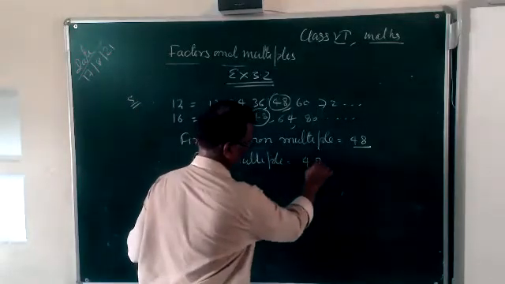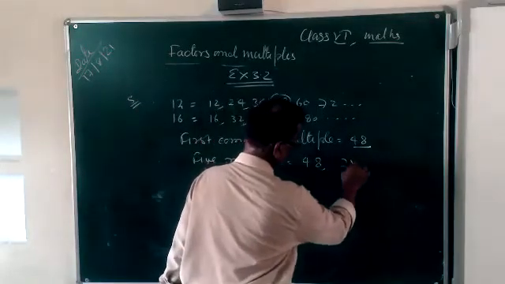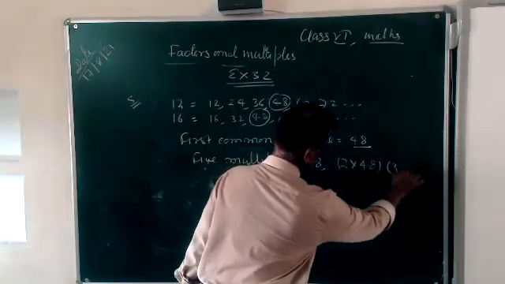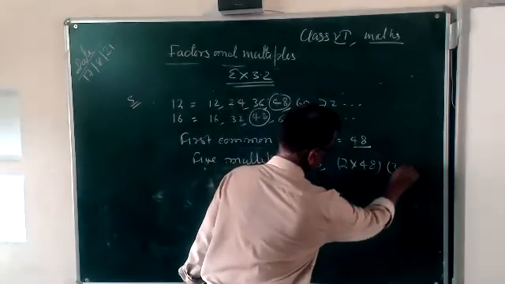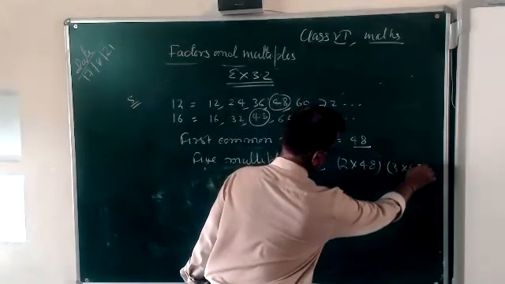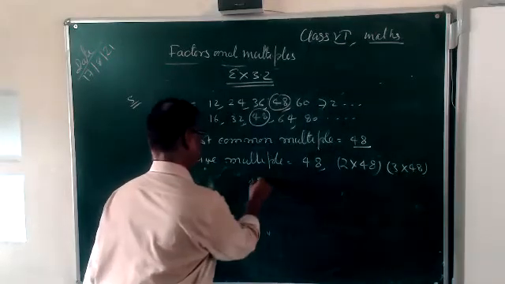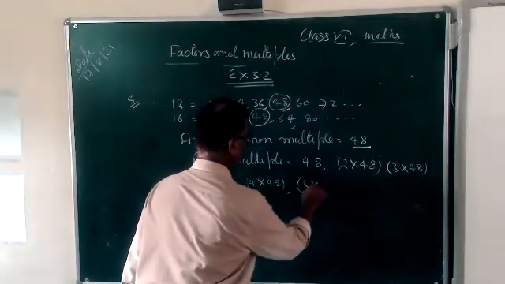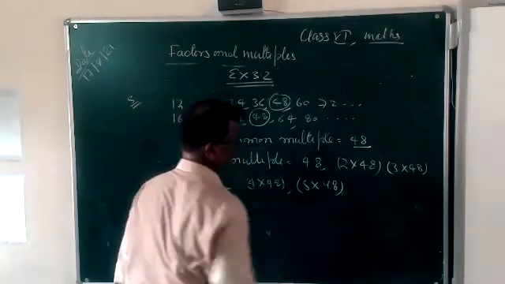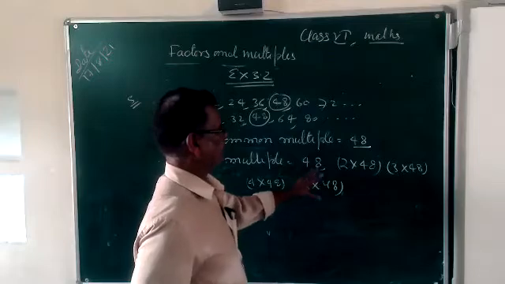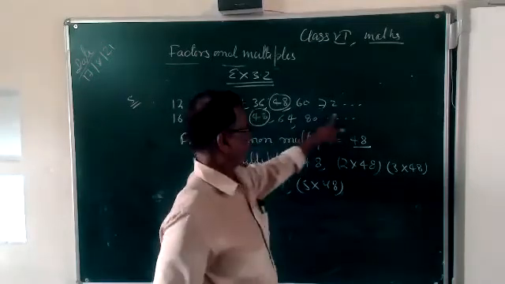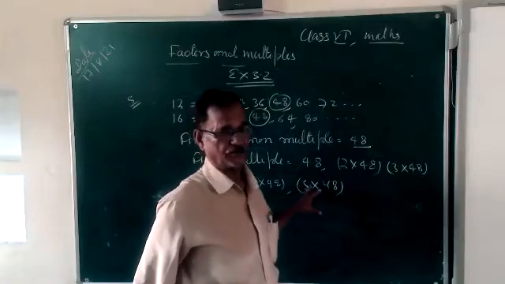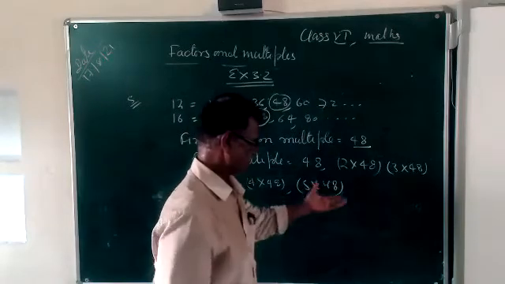So first is 48, second is 2 into 48, third is 3 into 48, 4 into 48, and 5 into 48. This way you can write the 5 multiples. The other way, write all the multiples and select 5 common multiples between both. So this is easy.